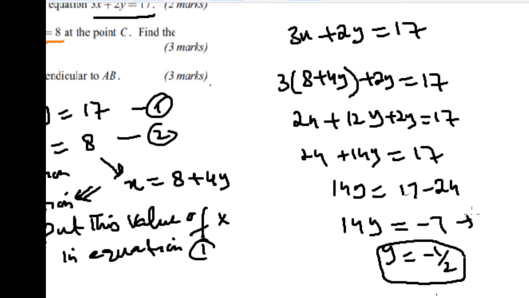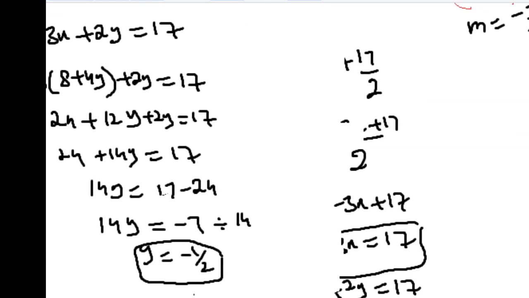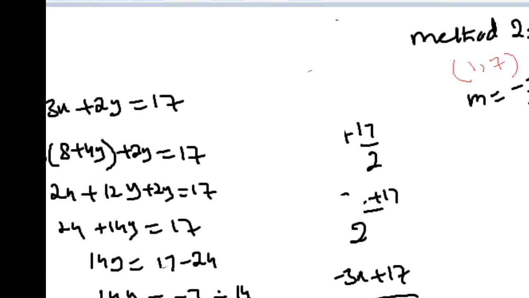I'm dividing both sides by 14, so we get y is equal to minus 1 over 2. Now if you use the value of y, you can get the value of x here.